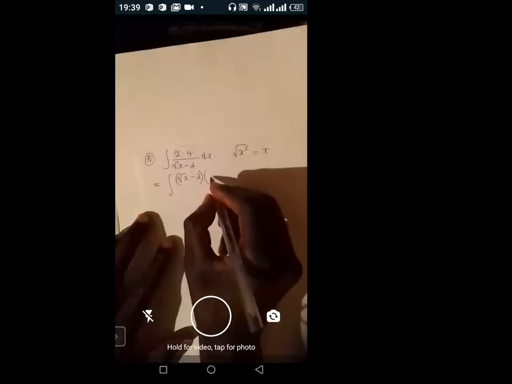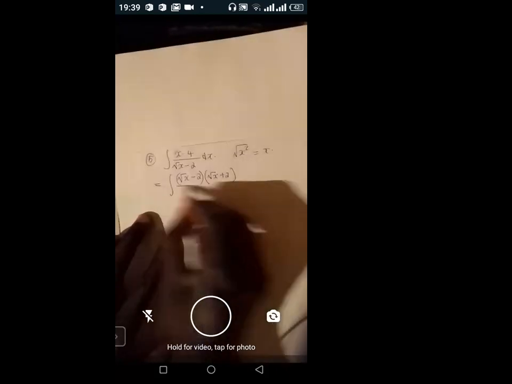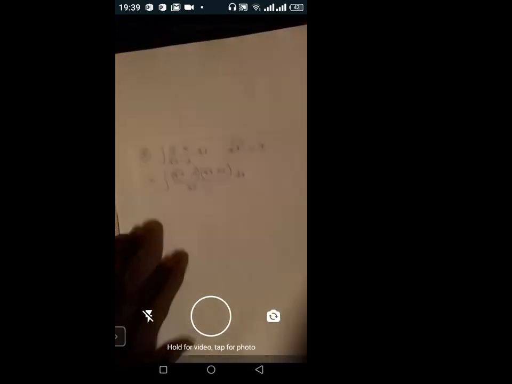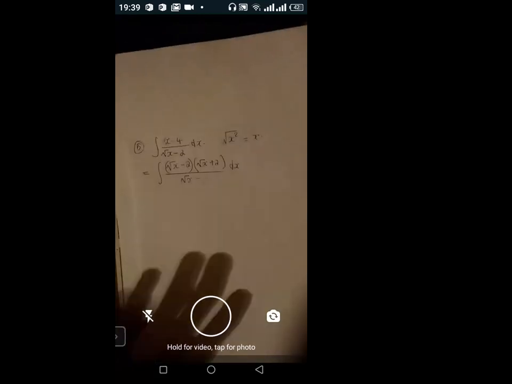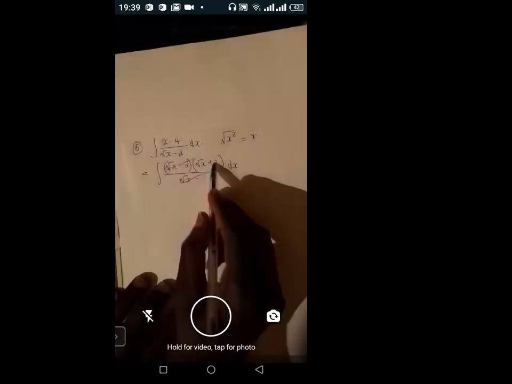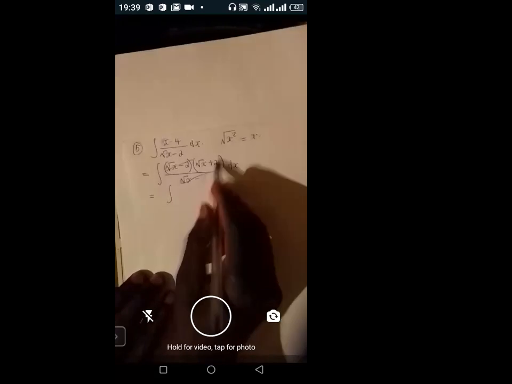So this is equal to the square root of x minus 2 times the square root of x plus 2, over the square root of x minus 2, dx. You see, this one and that one will go, and you remain with the square root of x plus 2 dx.